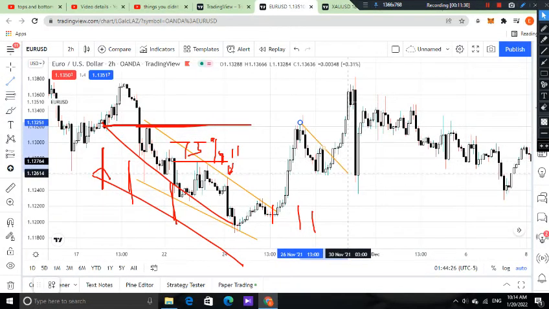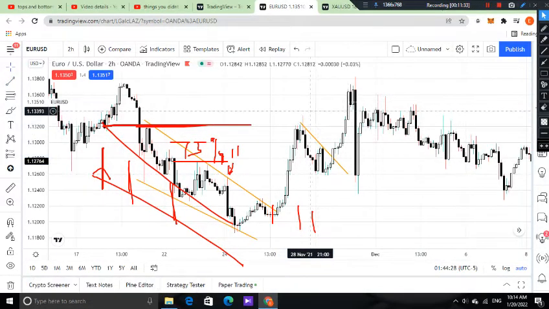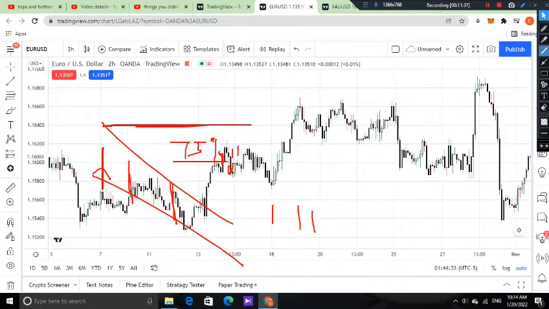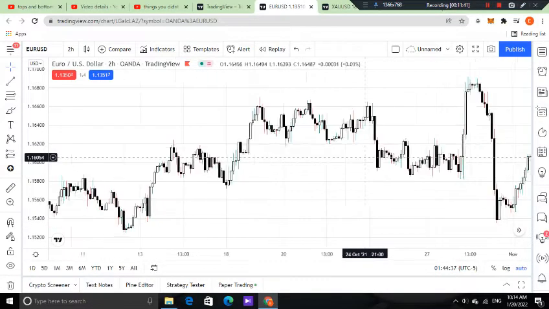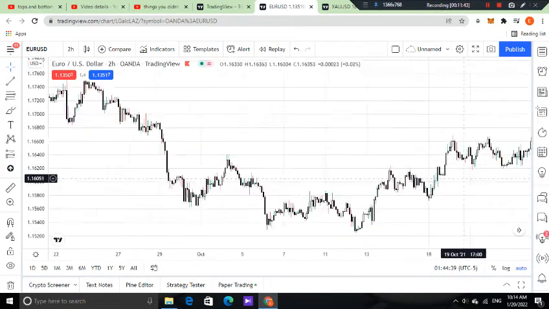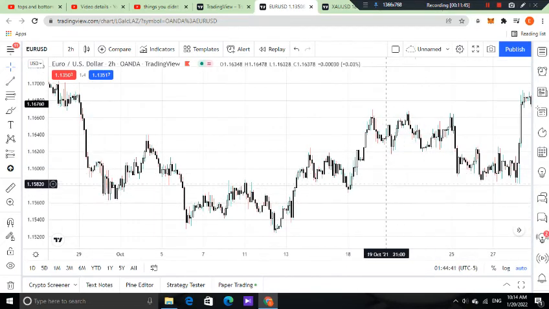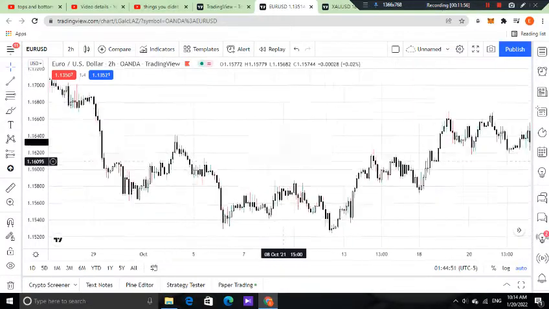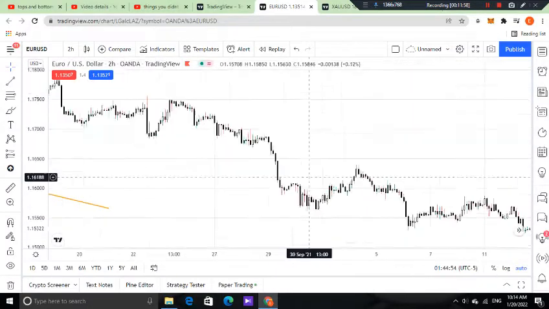I can consider this as a wedge. In consolidation in price, when you have a consolidation and some concentration in a price, you expect to see a breakout.